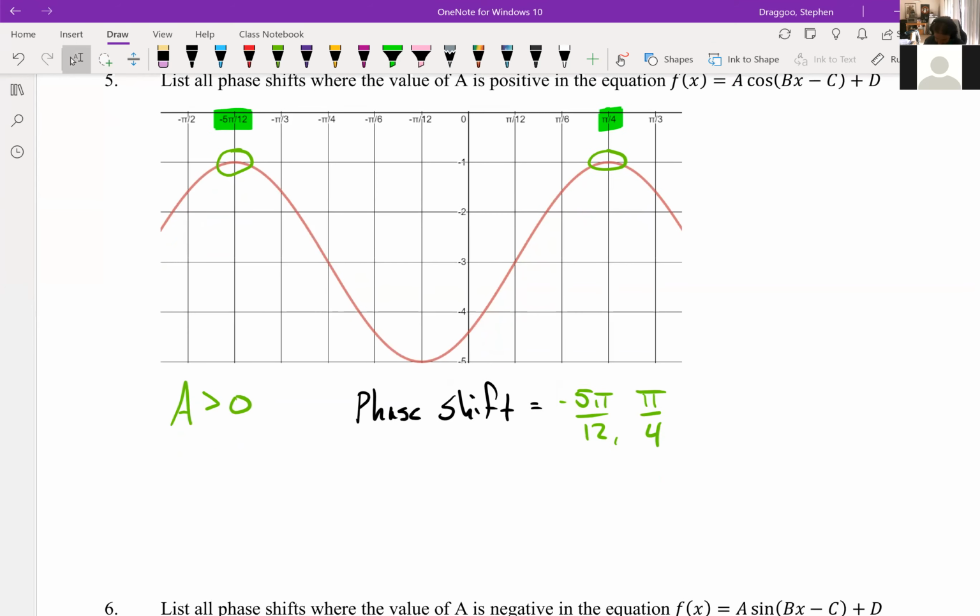If, for giggles, I decided that I wanted to look at this problem from another direction and instead wanted to find all of the phase shifts where A is negative instead of positive, then I'm only looking down here at this minimum value, which is negative pi over 12.